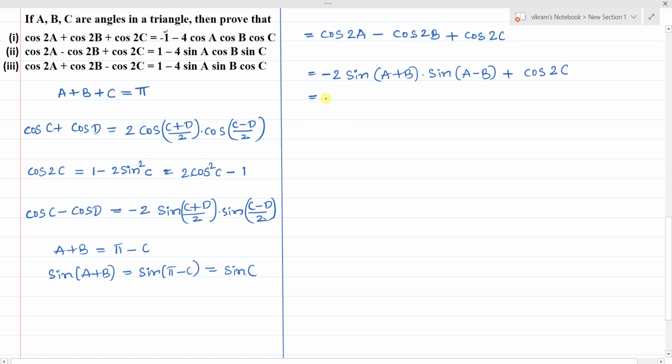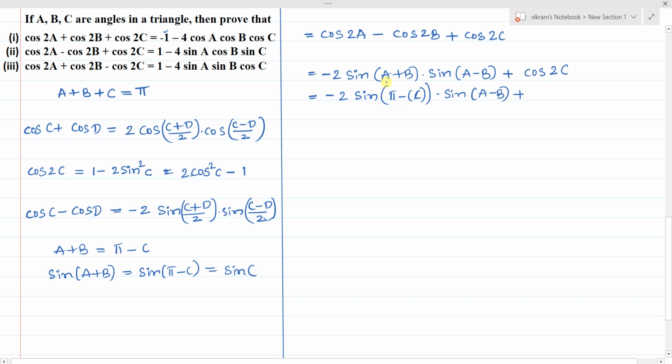Now we can write minus 2 sine of (A plus B), for the simplification of the steps, as pi minus C, into sine of (A minus B) plus, now here I can replace.